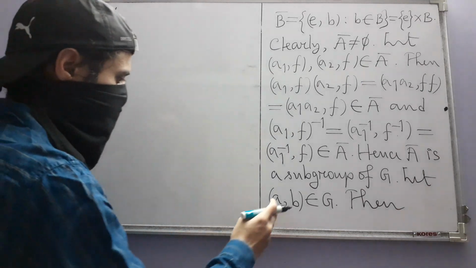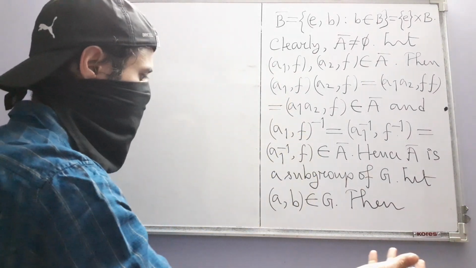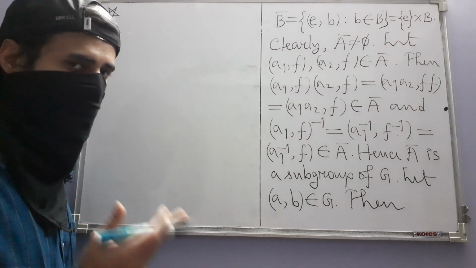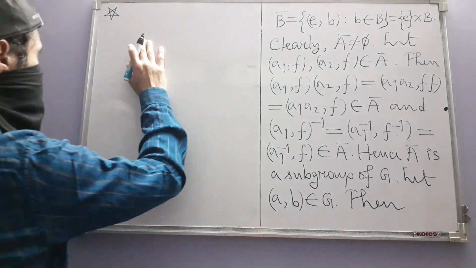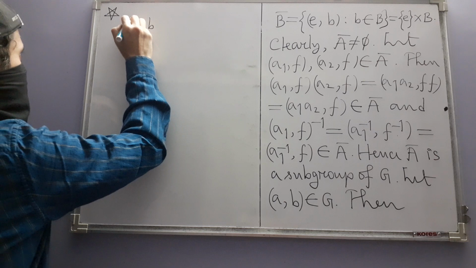You can either form (A, B) times this times (A, B) inverse, or you take the inverse first. Ultimately nothing is going to be different. You can do any one of the two things. Let me just consider this one.